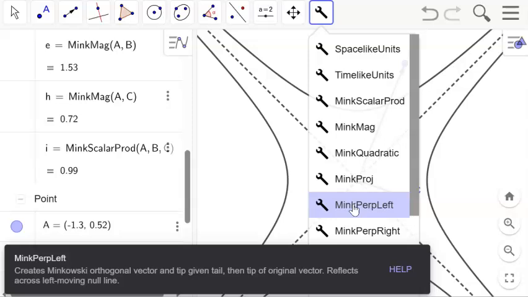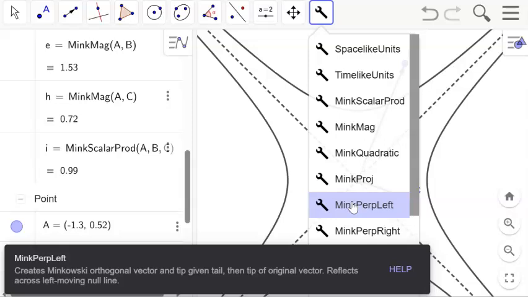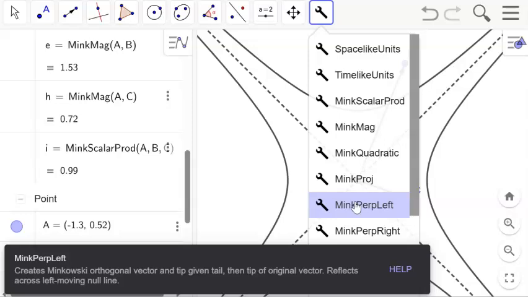let's create some Minkowski perpendiculars. So Mink perp left, as it says, creates a Minkowski orthogonal vector and the tip point of that vector, given a tail where you want to base it and the tip of the original vector. Specifically, the left one reflects across the left-moving null line. So I'll show you that.